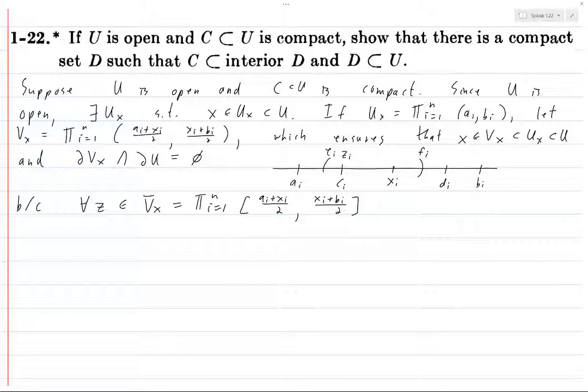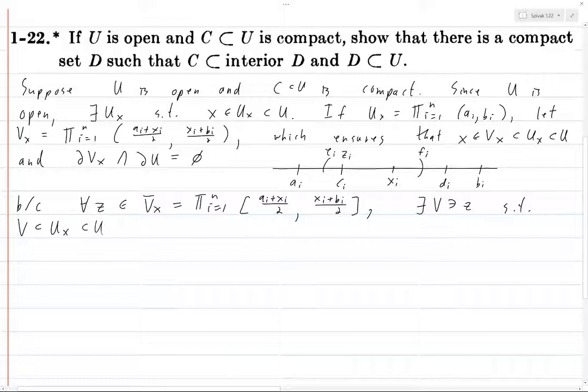But what we do need is that for every z in this set, there exists a neighborhood v containing z such that v is contained in Ux, which is contained in U. So the closure of Vx is in U.